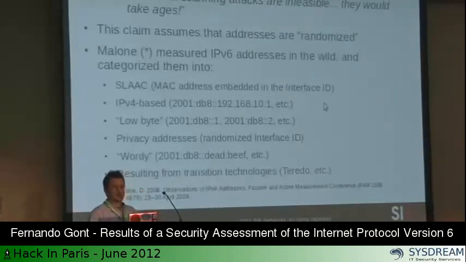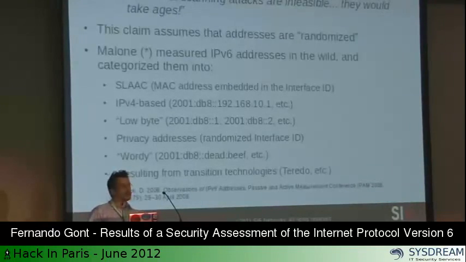The IPv6 address syntax allows you to include an IPv4 address as part of the IPv6 address, so in some cases, you find those addresses too. There are also low-byte addresses, which are these ones here, in which you can see that the interface ID is all zeros, and it's just the last byte that changes. That's typically the result of manual configuration.